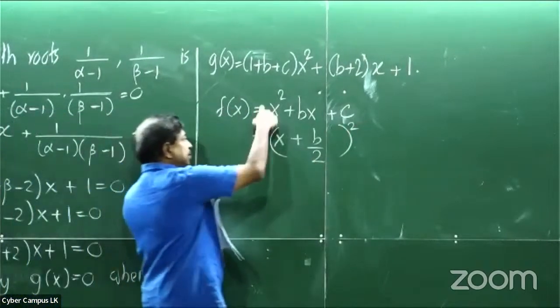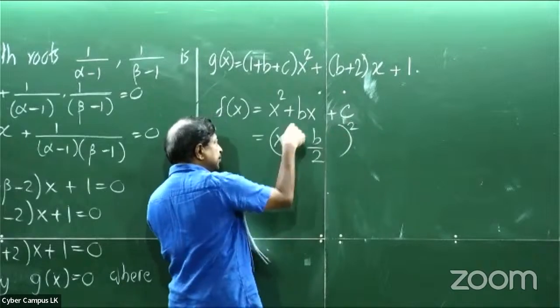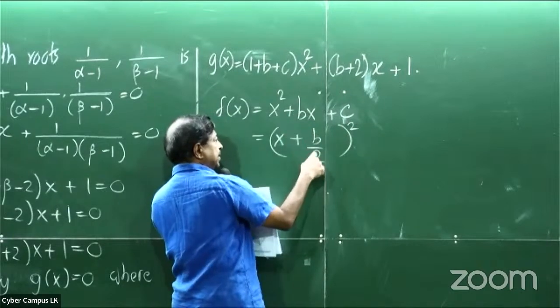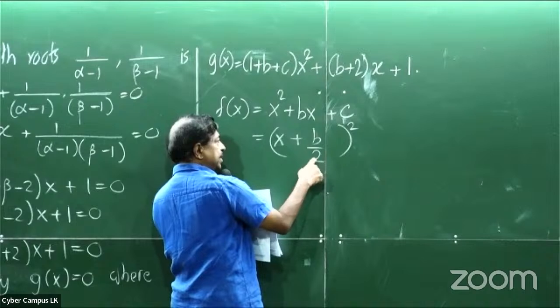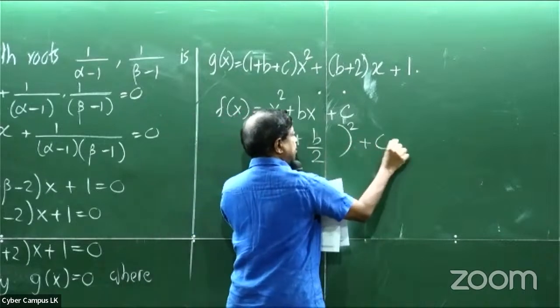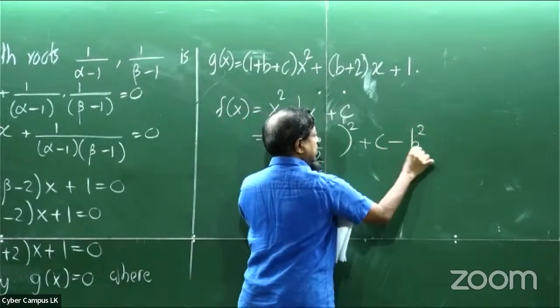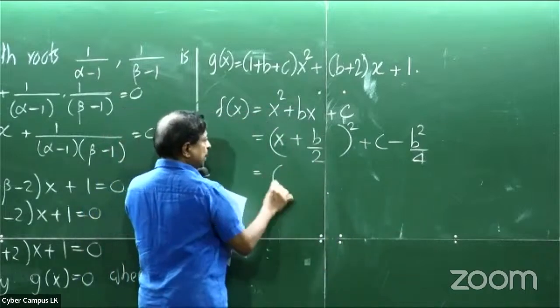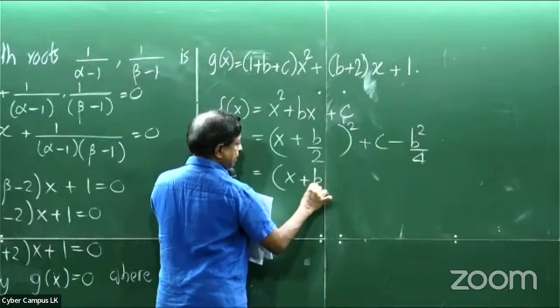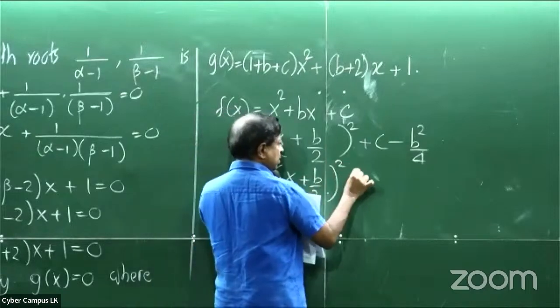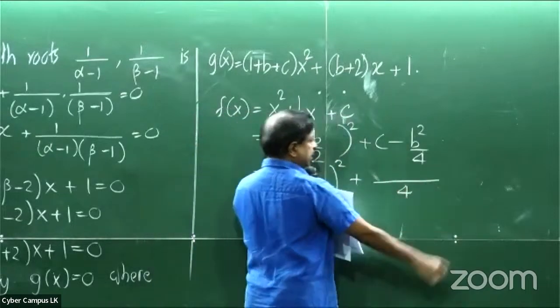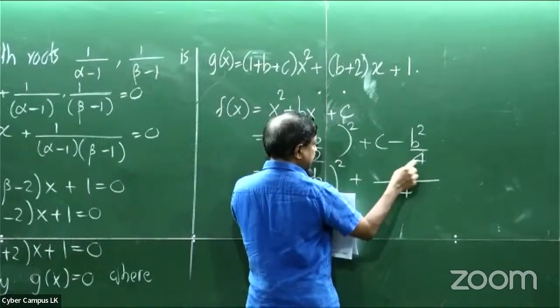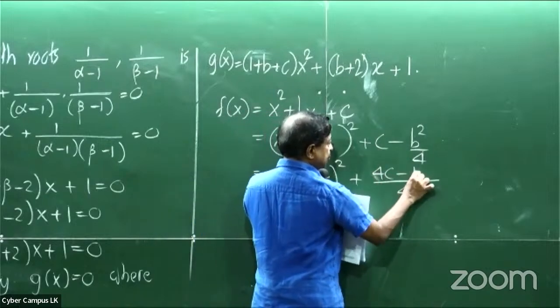So the first term will be x squared. The 2ab term will be bx. Then you have an extra term here. The square of this is an extra term. So subtract that square, which is b squared over 4. Now you can write this above one common denominator. You get 4c minus b squared.